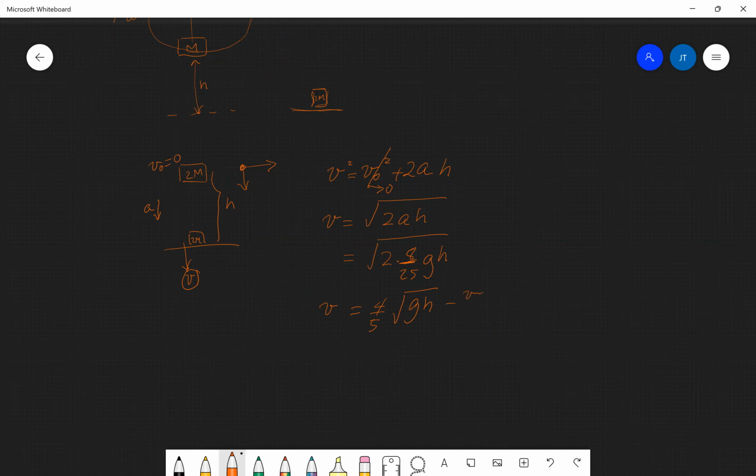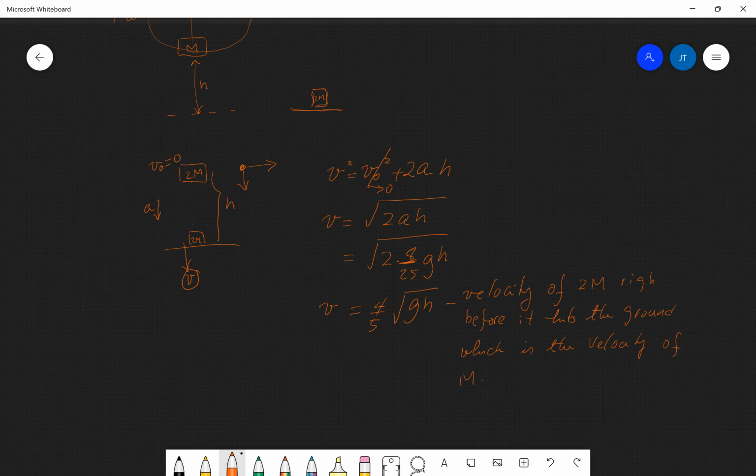So this is the velocity of 2m right before it hits the ground, which is the velocity of m.